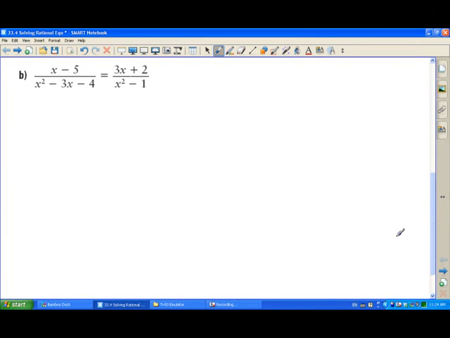Let's try a harder example now. In part B, the first thing I'm going to do is factor the denominator. And I'll factor the denominator on both sides.